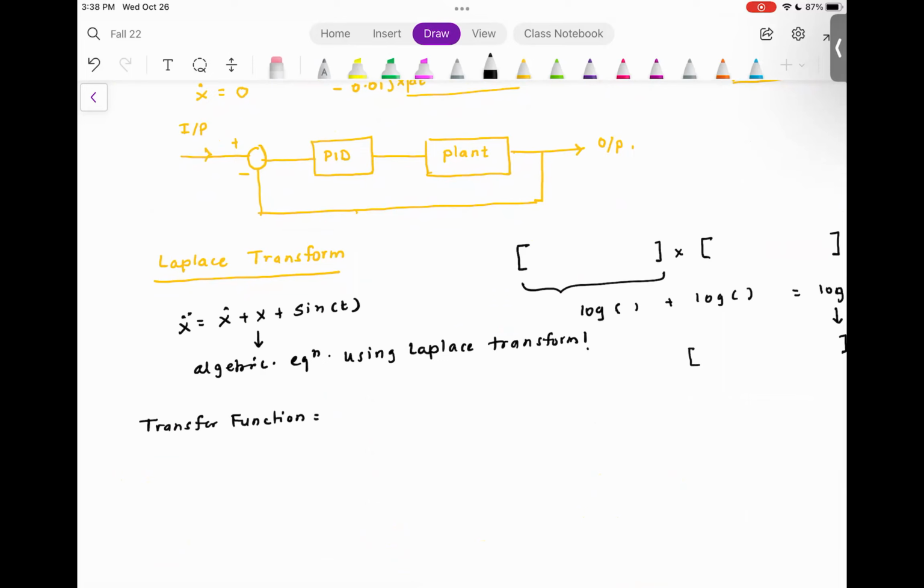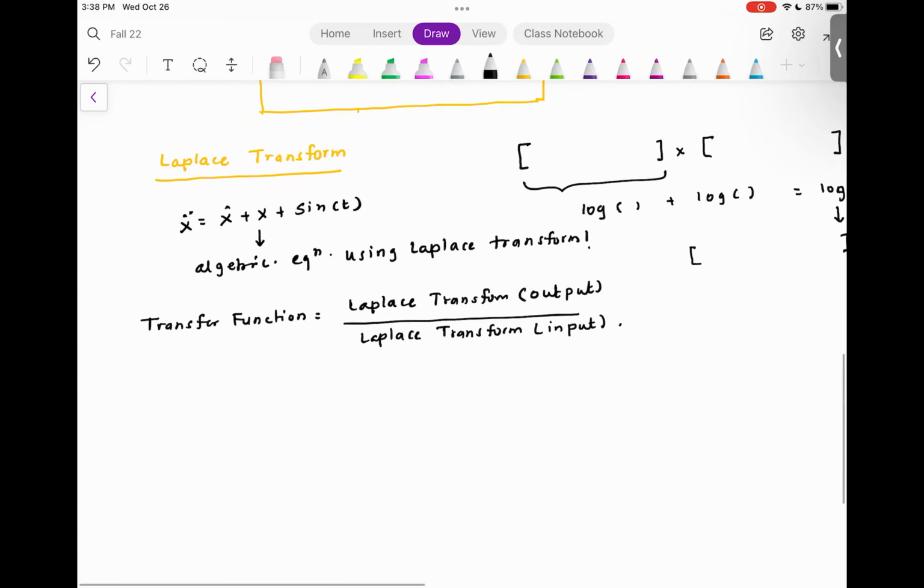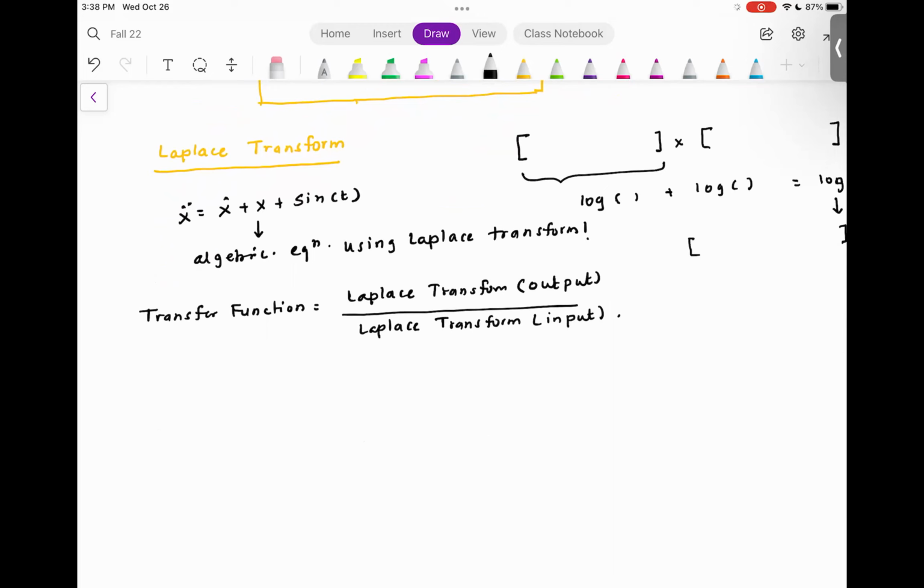Transfer function is the Laplace transform of output divided by the Laplace transform of input. So what I want to show you here is, let's look at the time domain variables.